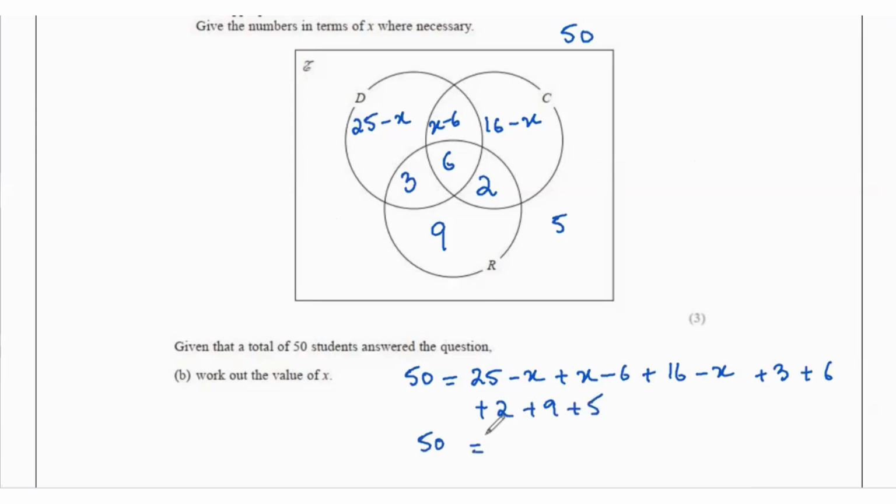So that equals 60 minus x. So x is going to be 60 minus 50, which is equal to 10, which means over here we have 15, here it's going to be 4, and here it's going to be 6.